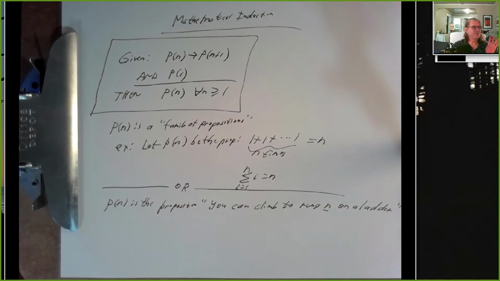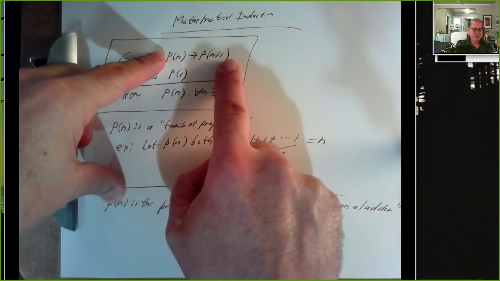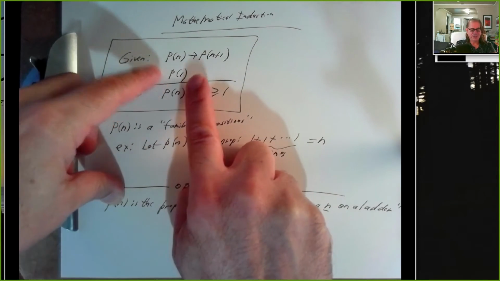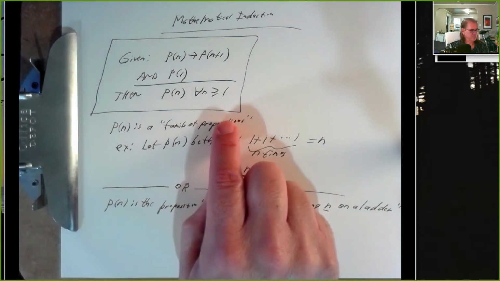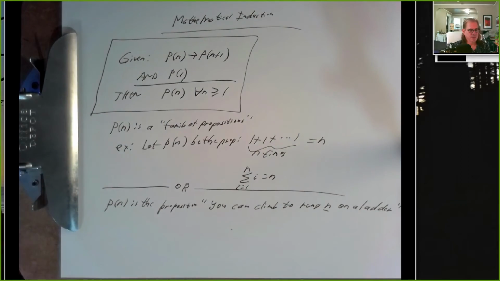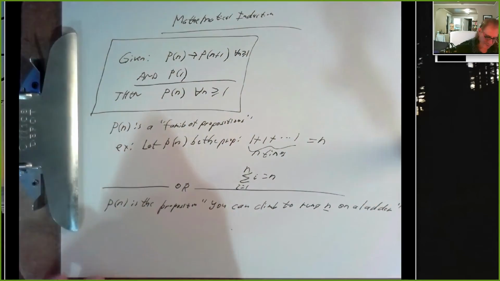All right, so this is the formal statement of mathematical induction. Given a family of propositions, and given that P(n) implies P(n+1), and P(1) is true, then P(n) is true for all n bigger than or equal to 1. And we can actually restrict this to all n bigger than or equal to 1.